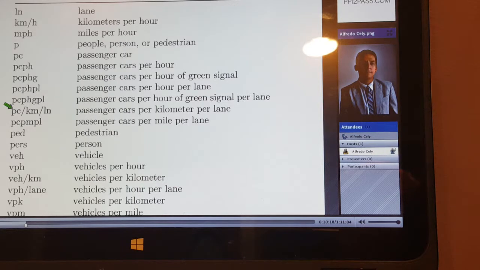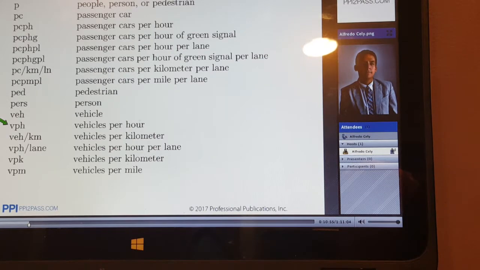And then you have your passenger cars per kilometer per lane, which is almost like dividing your flow in a unit version and then dividing that per lane. Similarly, you have your PCPMPL, which is your passenger cars per mile per lane. Pedestrians can always be called ped, persons can always be called person, vehicle can also be called veh.